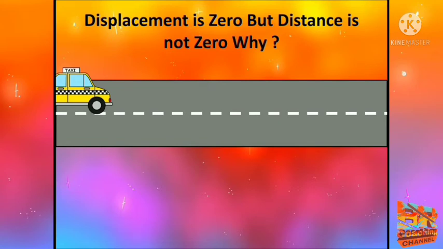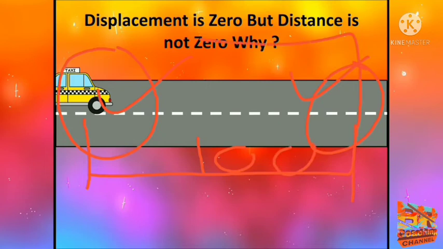Okay now, have you observed the video? See, in this condition the displacement is 0, that is, the starting point and ending point are the same, there is no difference. That means displacement became 0.